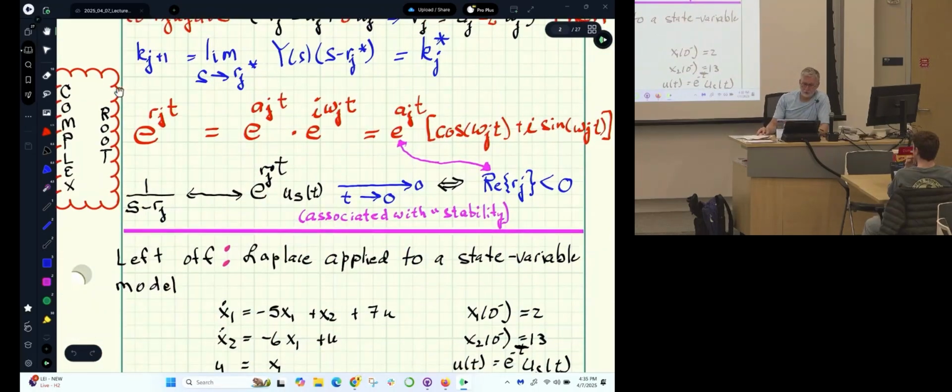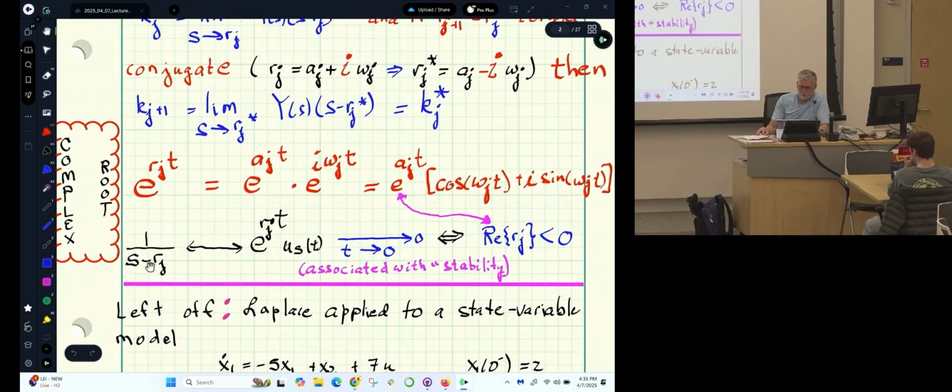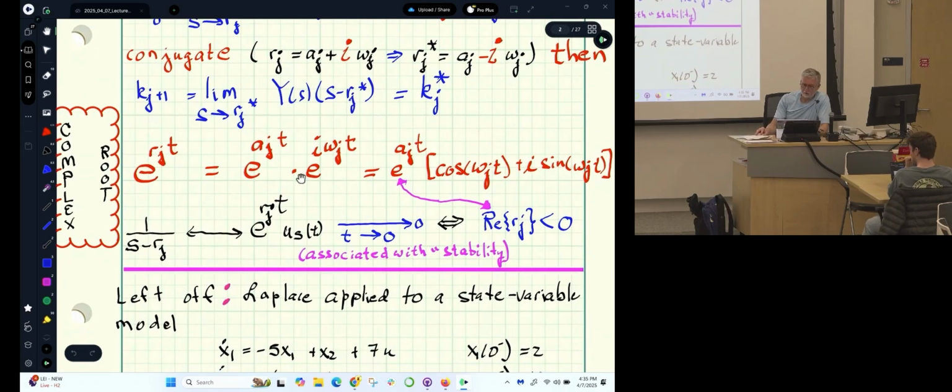Yep, and this is just showing, once again, the qualitative information. The inverse Laplace transform of 1 over s minus r_j is e to the r_j t, and if it's complex, fine. That just means you get oscillations.